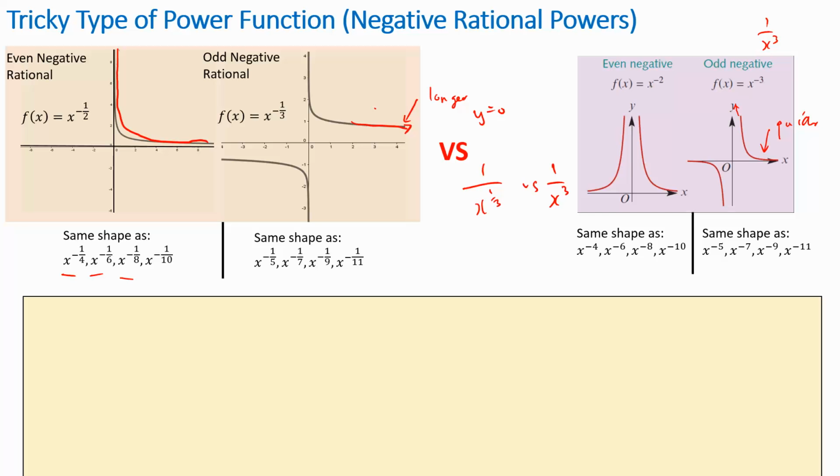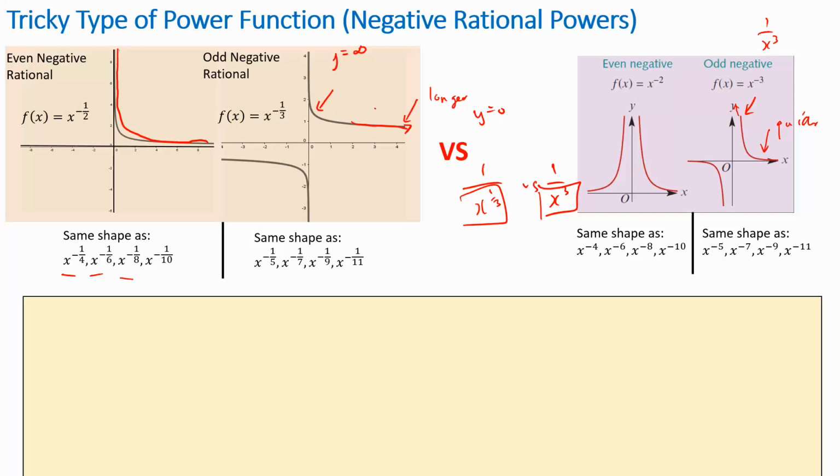But on the flip side, when this is a fraction, it reaches infinity much quicker, so it reaches y equals infinity much quicker at a fraction, whereas this one will take longer. That's the difference. It's a subtle difference, but it's key in terms of analyzing those points there.